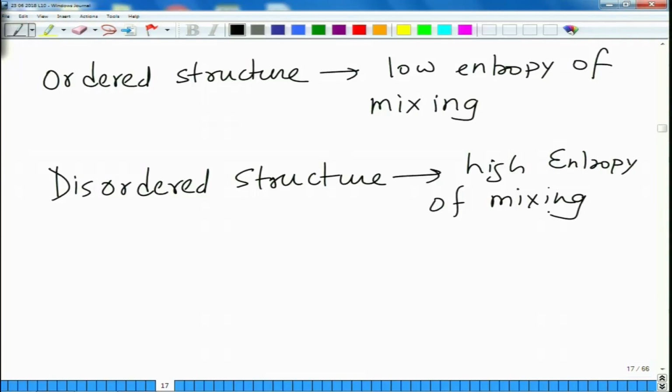So, if you just consider the entropy, because the disordered phase will have higher configurational entropy, as a result higher entropy of mixing. So, what is that now?